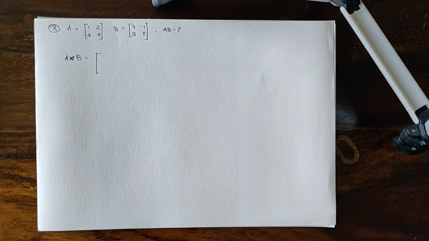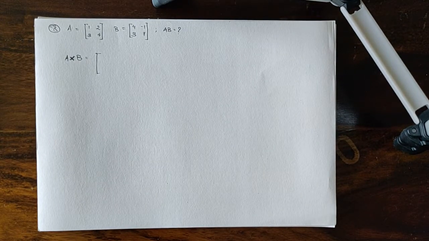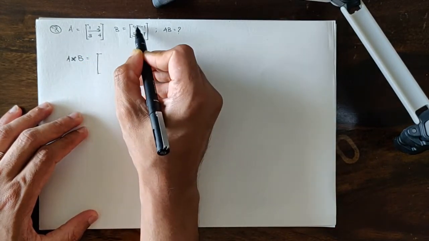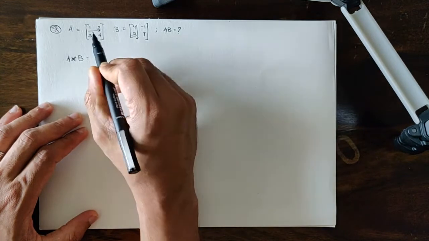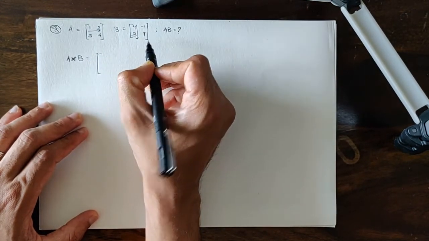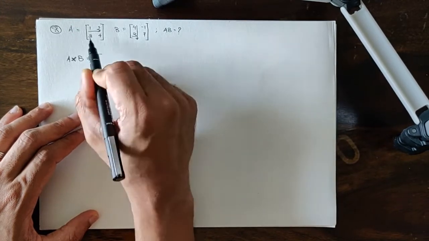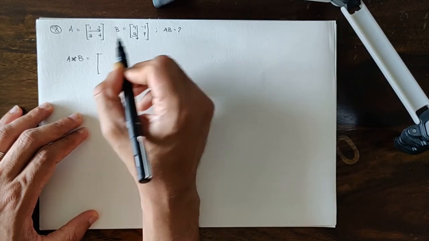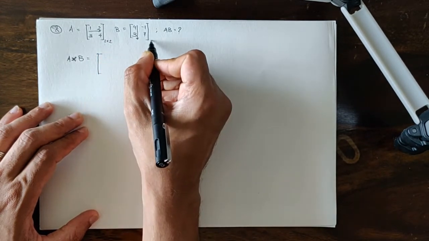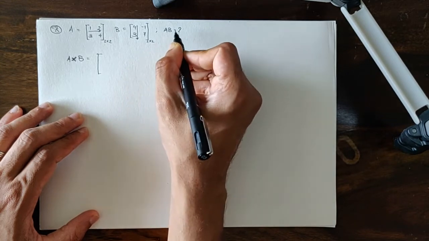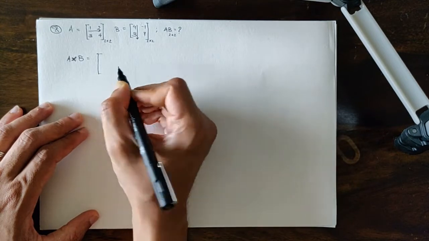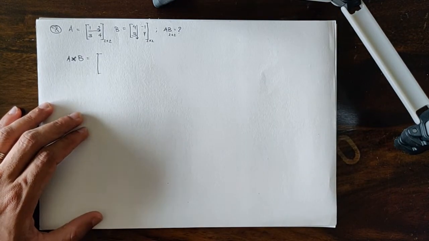What we are going to do is, first we multiply the first row with the first column, then the first row with the second column, then the second row with the first column, and the second row with the second column. I know that the order over here is 2 by 2 and here is also 2 by 2, so the order of the answer will also be 2 by 2. So I want 4 elements over here, that I already know.